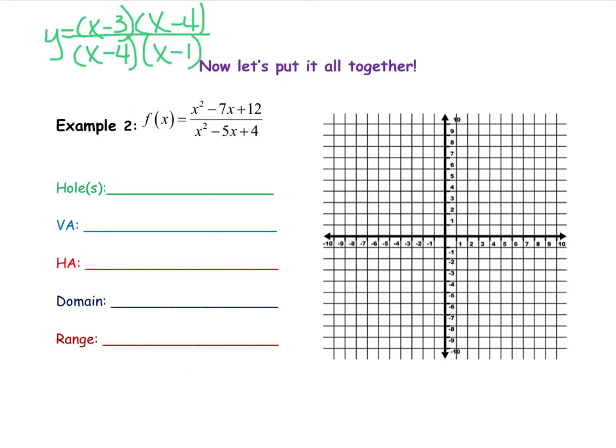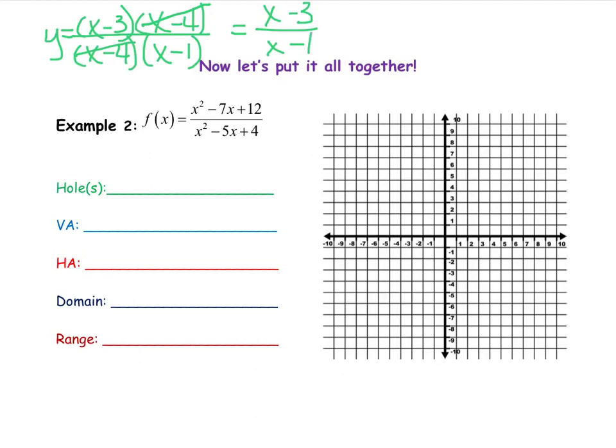Now we are ready to cross out or cancel our common factors. In this case, that's x minus 4. So now let's rewrite what we have left. In our numerator, we have x minus 3. In our denominator, we have x minus 1.